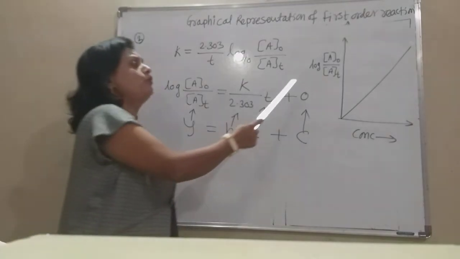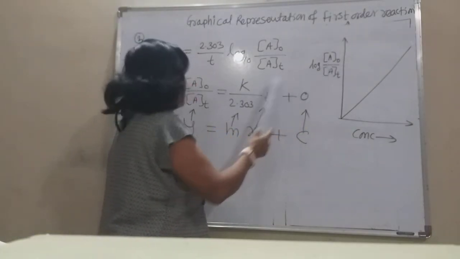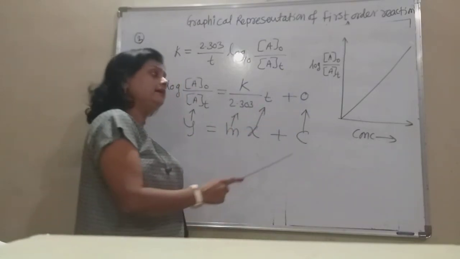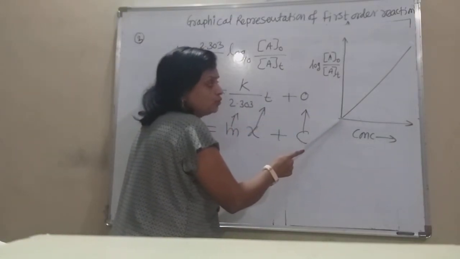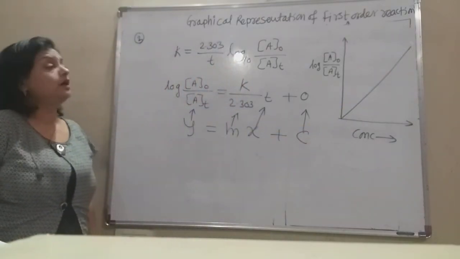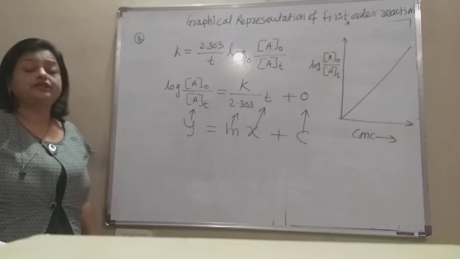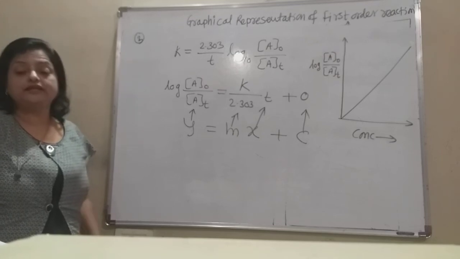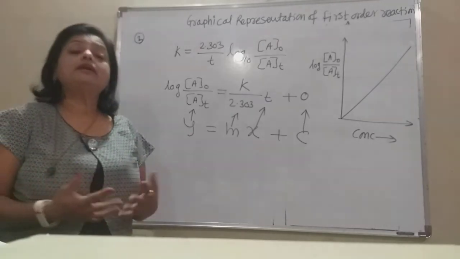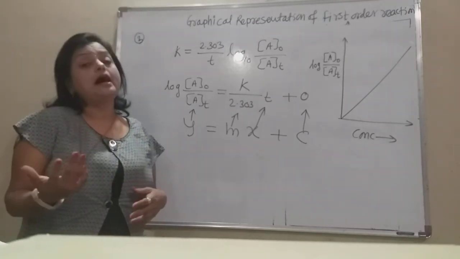So if we plot the graph of log of A0 upon At versus time, then the graph passes through the origin and it is a straight line. Now this also proves the graphical representation of first order reaction. Now there are three graphical representations of the first order reaction and one graphical representation for the half-life period.